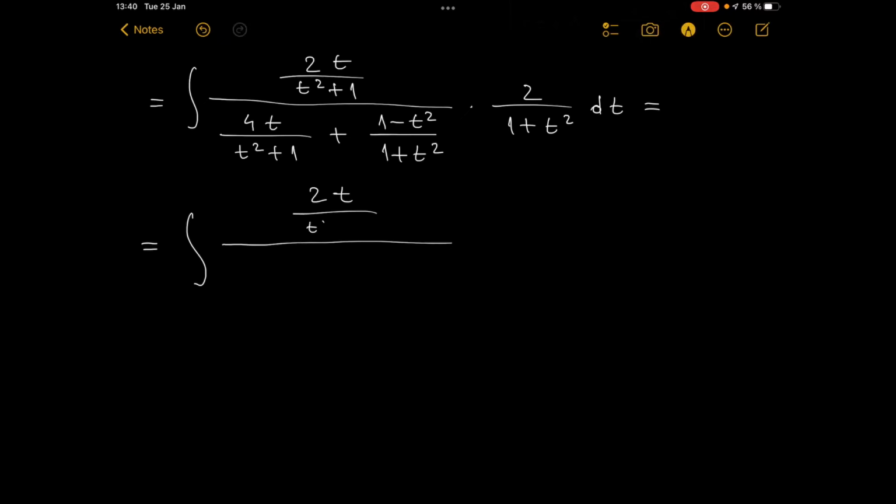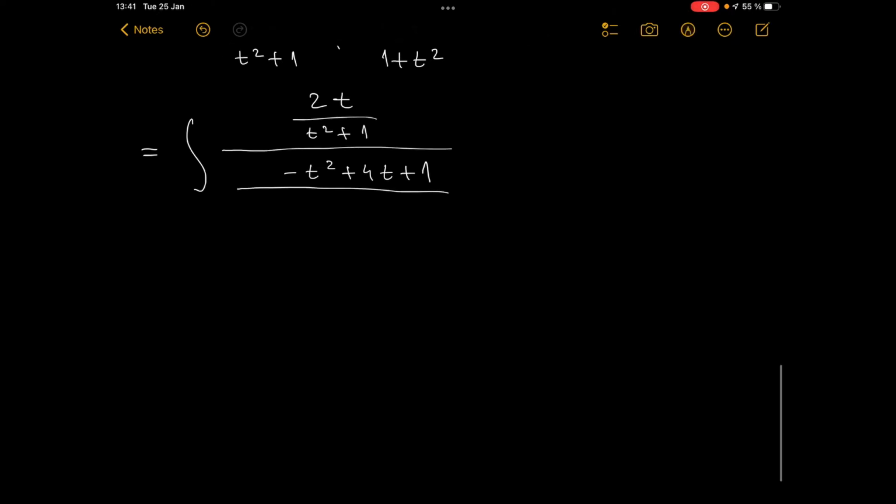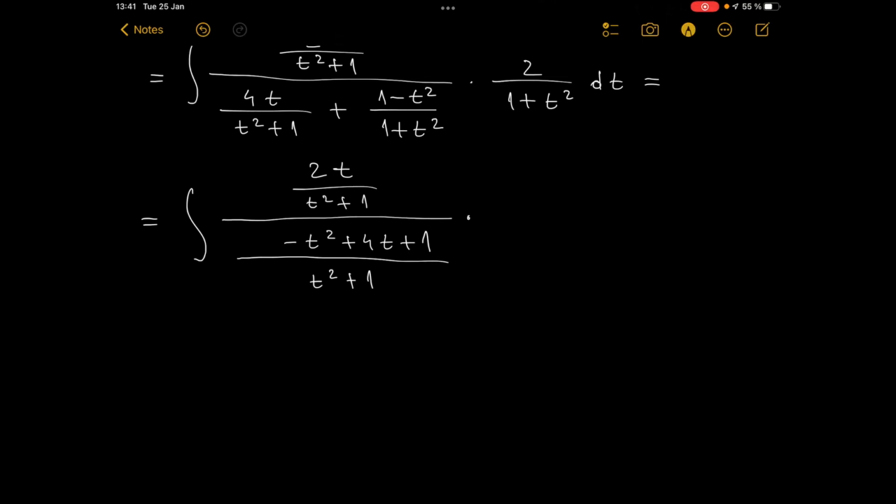Okay, so over t squared plus 1. And here we'll get minus t squared plus 4t plus 1, everything over t squared plus 1, times 2 over 1 plus t squared dt.